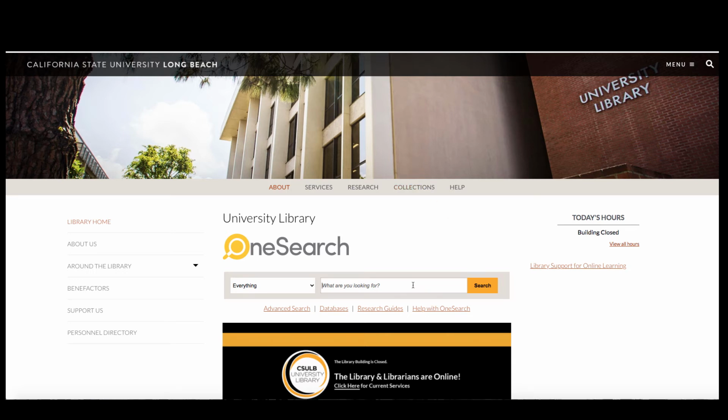But we're going to try the search that was in the Getting Started page, and that is student debt, and, if you remember, AND should be all caps, wealth inequality. And we're going to search everything.